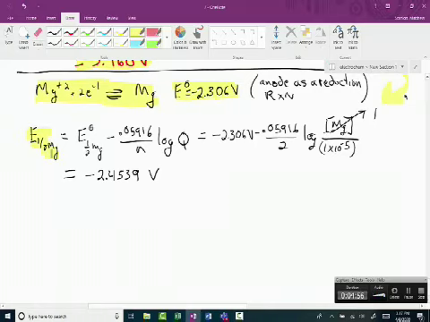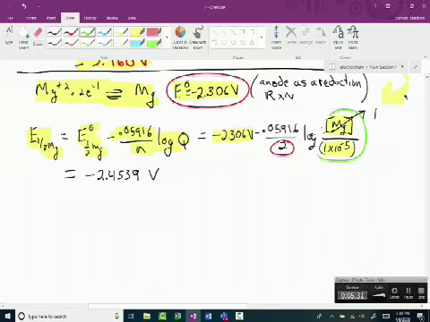E of the half cell, the magnesium half cell, is E naught of the magnesium half cell minus 0.05916 log of Q, which is negative 2.306 volts. That's the E naught of the magnesium right here. Minus 0.05916 divided by 2 electrons times the log of the activity of magnesium, which is 1, divided by 1 times 10 to the minus 5th.